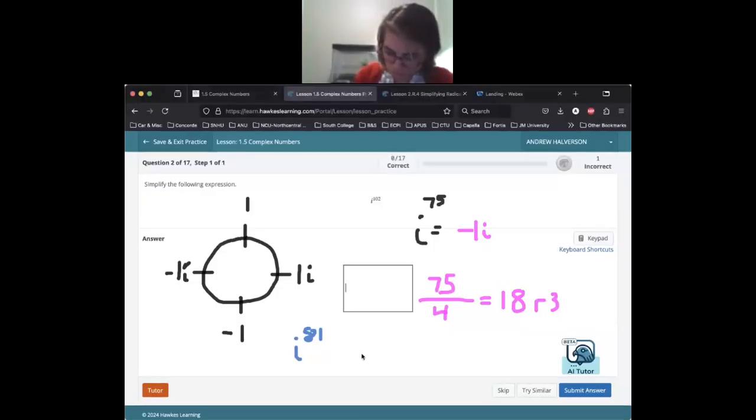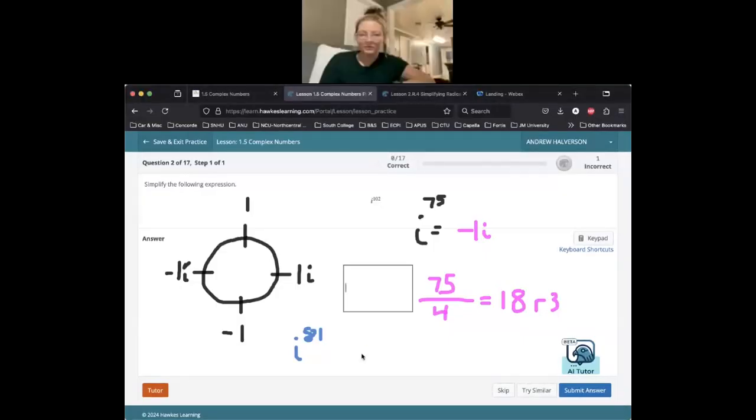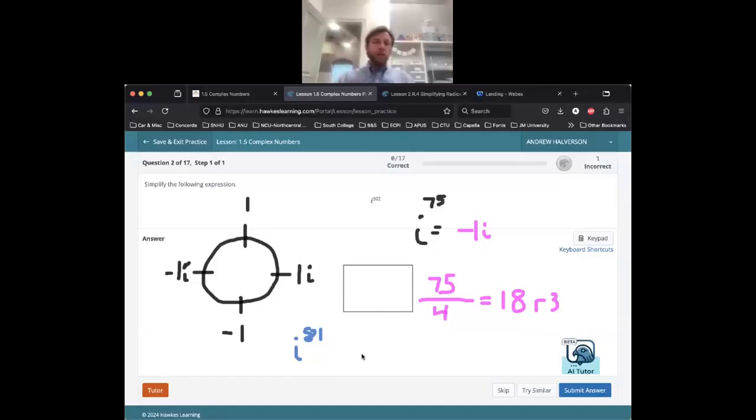You're going to go 20 times around your clock. So 81 divided by 4 is 20 with a remainder of 1. So we take 1 step, meaning we get the answer I. Booyah.